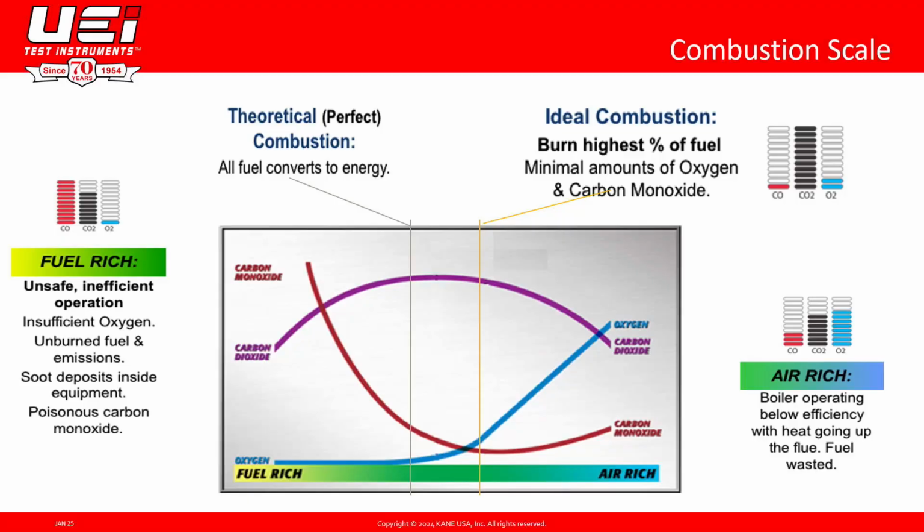So another way to look at that and to just kind of break it down is to take a look at the combustion scale. So if we lived in a perfect world, we wouldn't have that byproduct of the carbon monoxide that would happen. But since we probably can all agree that we don't live in the perfect world, the best that we can shoot for is in an ideal world.